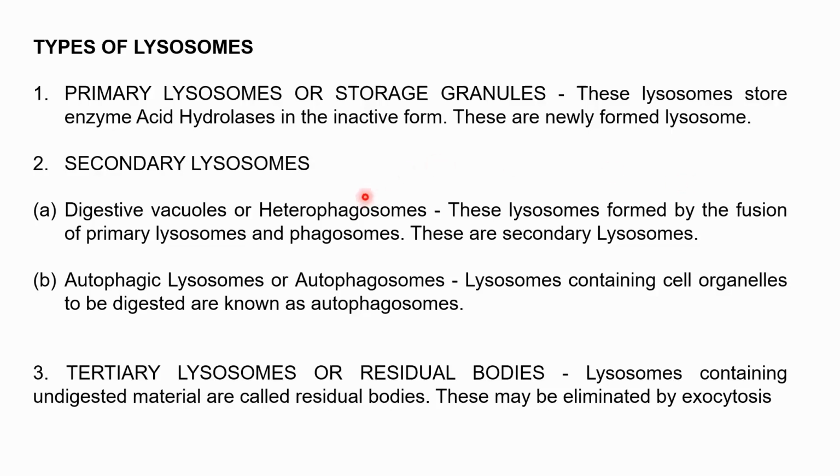Secondary lysosomes can further be of two types: heterophagosomes, as I mentioned, and autophagosomes. Heterophagosomes are also known as digestive vacuoles and digestive lysosomes. Autophagosomes are known as autophagic lysosomes. In the case of digestive vacuoles or heterophagosomes, these lysosomes are formed by the fusion of primary lysosomes and phagosomes.